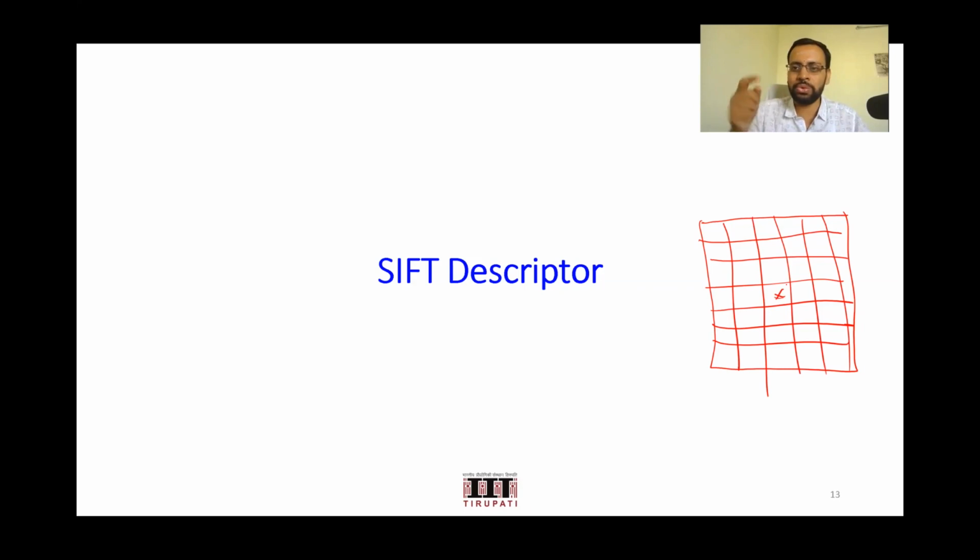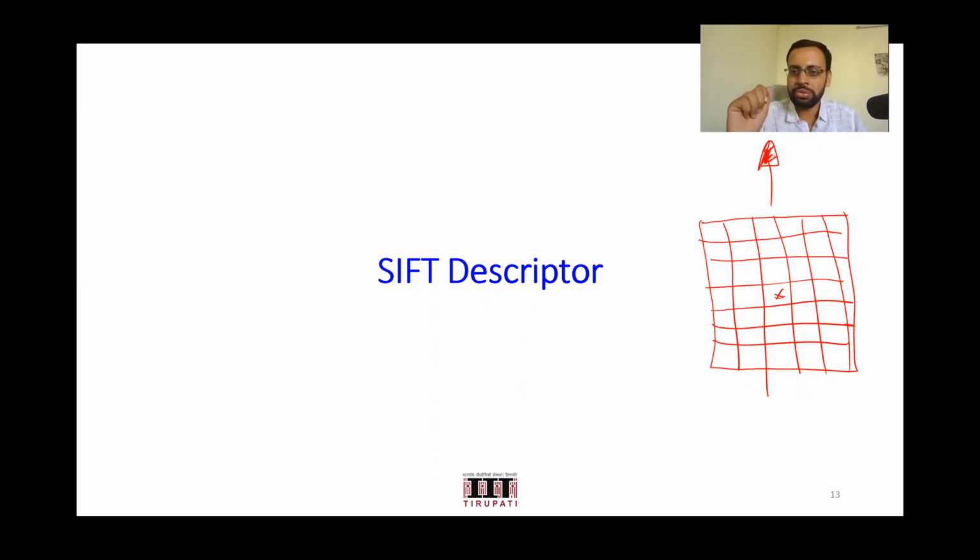Every time you know the size of the patches, you can always expand or contract, in other words resample, so that they are all at the same scale. That is also done. And the patch has been rotated such that the dominant direction is in the north direction.